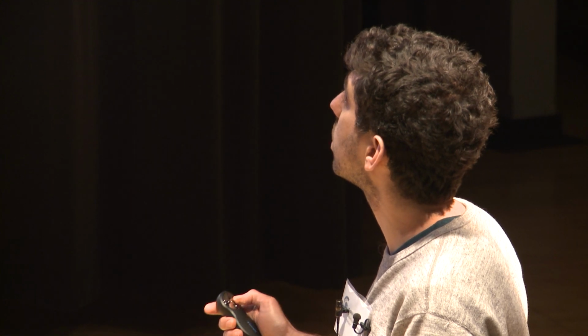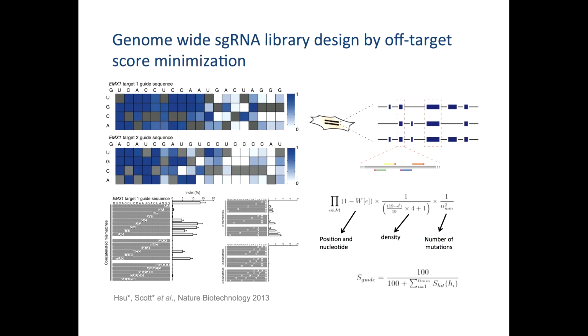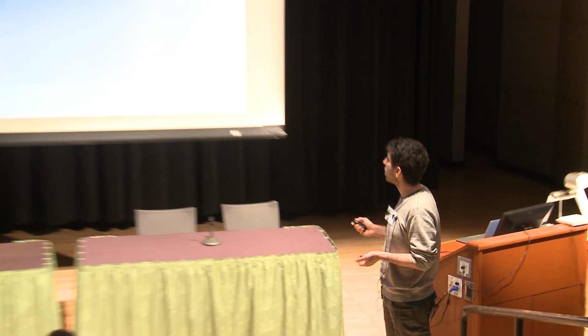So the experimental outline, you know what, let's skip this. Let's go straight here. So what was the first step in order to make a genome-wide knockout library? We used the information that was generated by Patrick and other people in the lab about off-targets, and basically devised a computational model to calculate an off-target score for a given sgRNA.